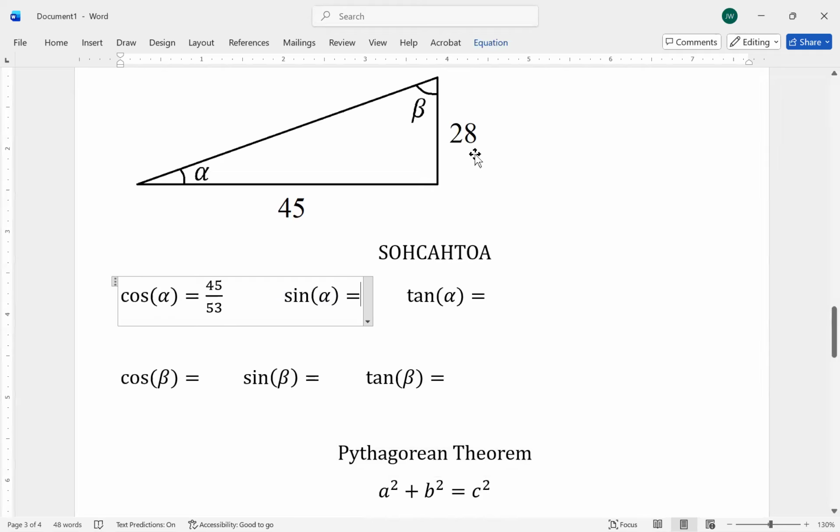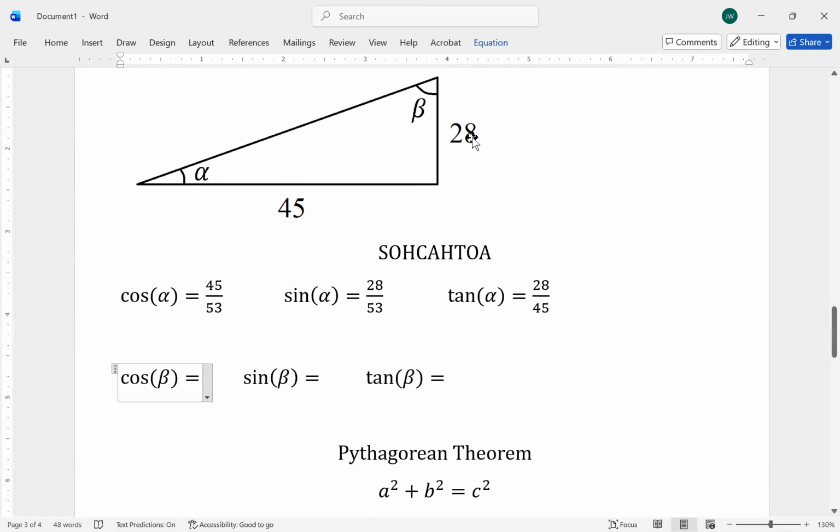Sine of alpha is going to be 28 over 53. And tangent of alpha is going to be opposite over adjacent. That is 28 over 45. Again, that's all according to SOHCAHTOA definitions of cosine, sine, and tangent.